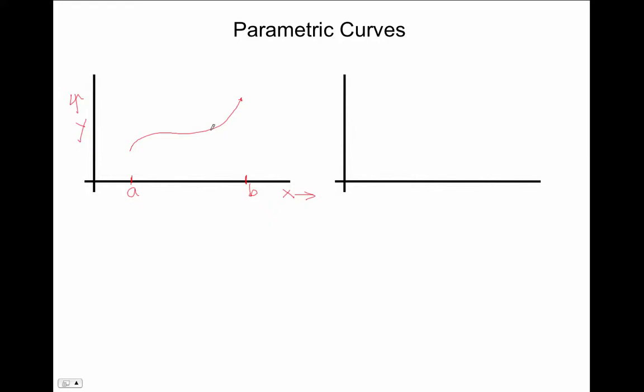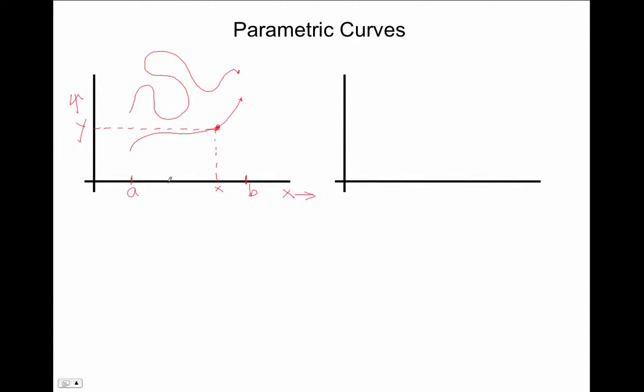Now, this is perfectly fine because for each value of x, there is one and only one value of y. So no matter where you are along this curve, the value of x fixes the value of y, and the value of y fixes the value of x. On the other hand, suppose we had a curve that looked like this. Now that's very different.